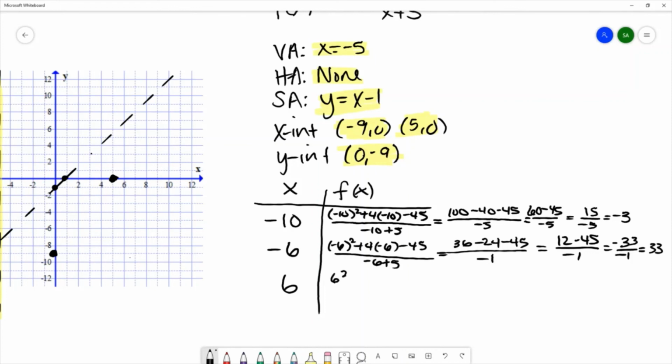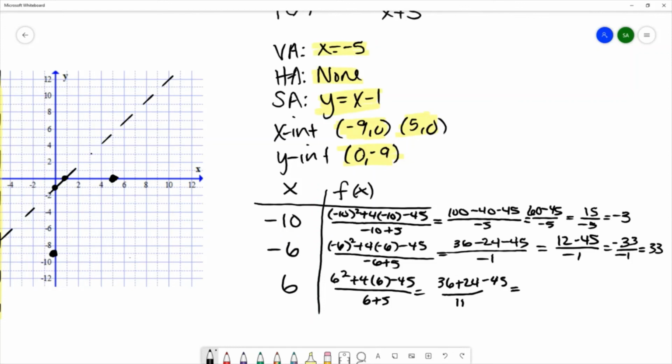6 squared plus 4 times 6 minus 45 over 6 plus 5. Got 11 in the denominator. 36 plus 24 minus 45. Sorry, I should be doing plus 24.